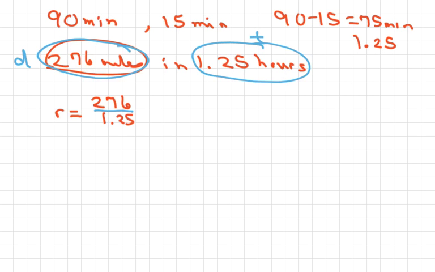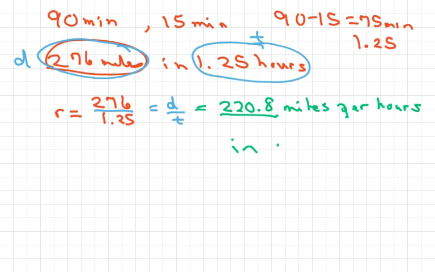This equals distance over time, so we get 220.8 miles per hour. So the pilot must maintain a speed of approximately 221 miles per hour to complete the trip in 90 minutes.